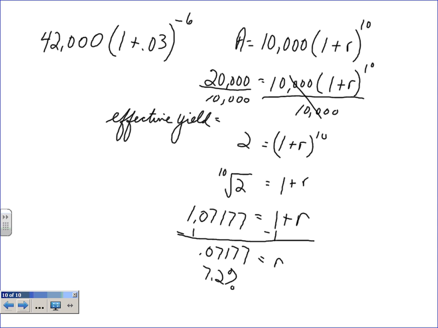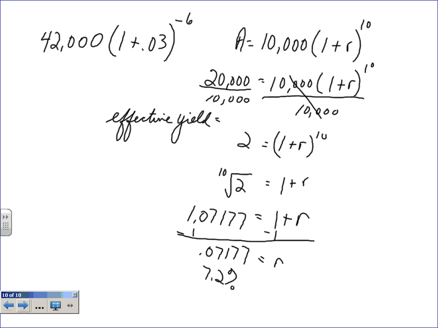Yes? Michelle: Wait, so is the effective yield term just for the double thing or for anything? For anything. It might say how many, yeah, it could be for anything. Okay? Effective yield.